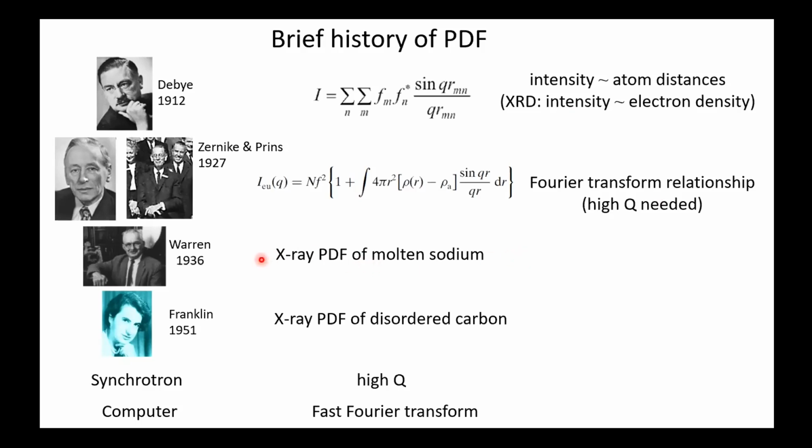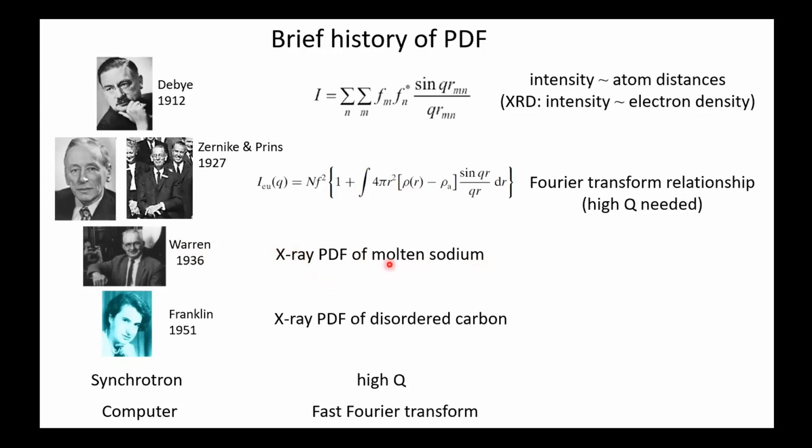At that time, doing a Fourier transform was very tedious, and typically took several hours, if not days. Warren was an MIT professor at that time, and he was very capable, and he did the whole thing by himself.